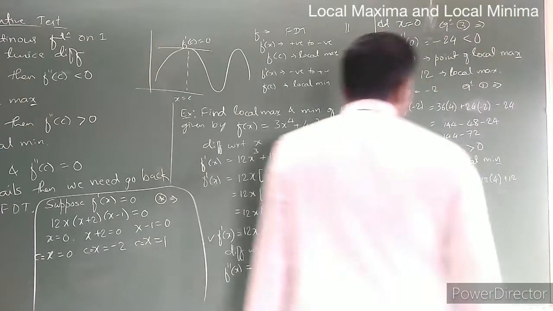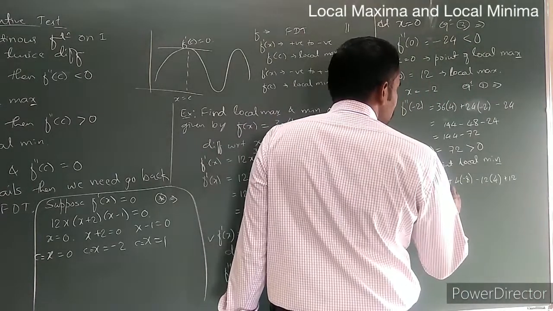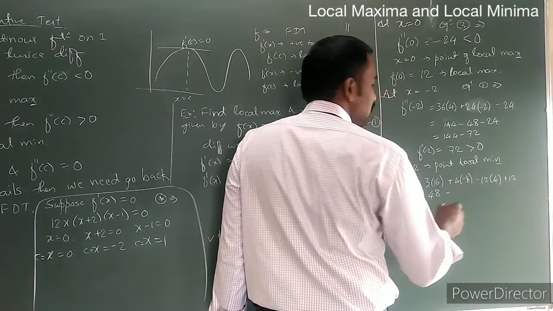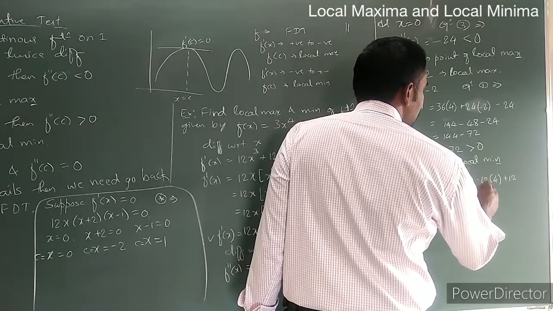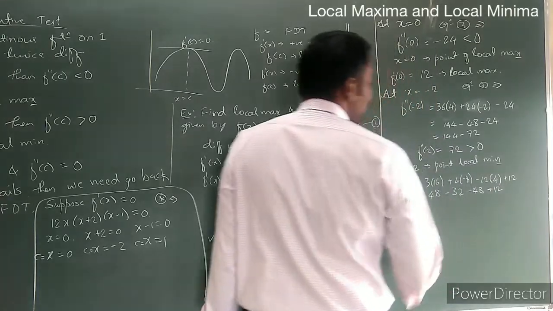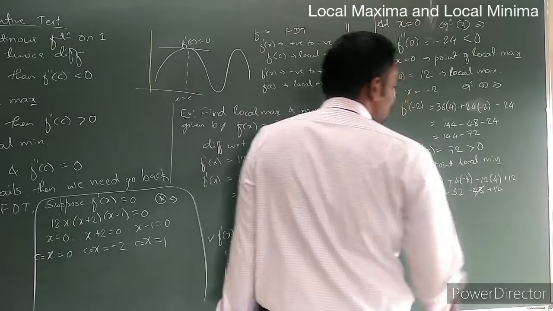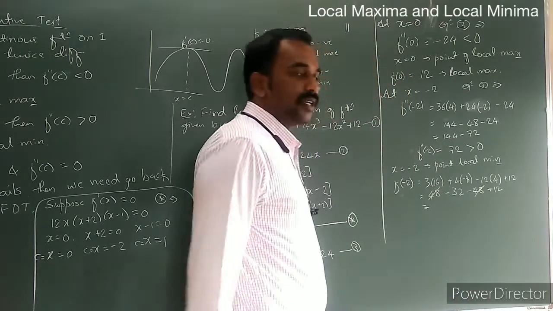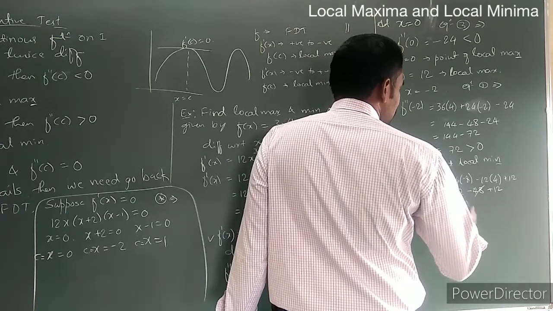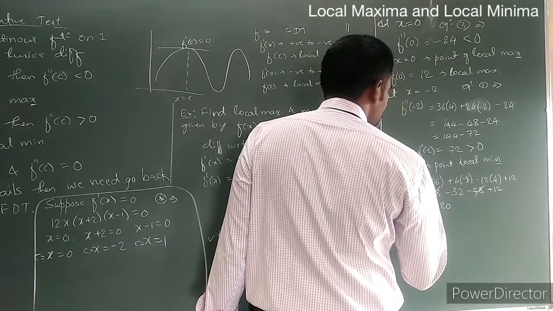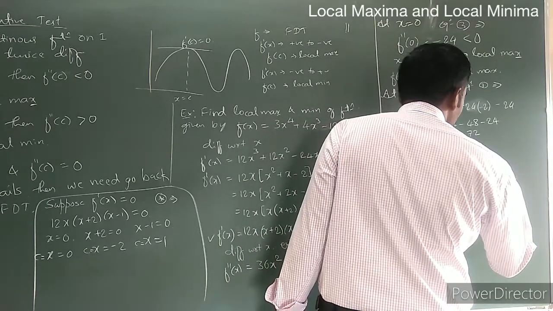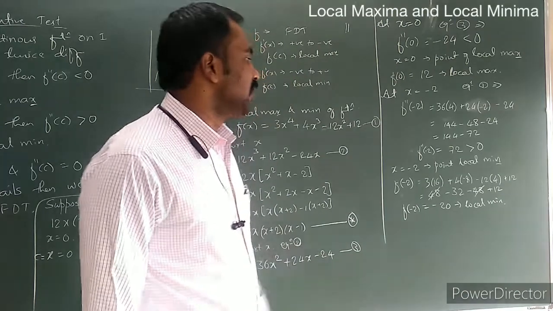Simplify this value. 3 into 16 is 48, minus 32, minus 48, plus 12. Plus 48 minus 48 get cancelled. Minus 32 plus 12 is minus 20. This is f of minus 2, and it is the local minimum value.